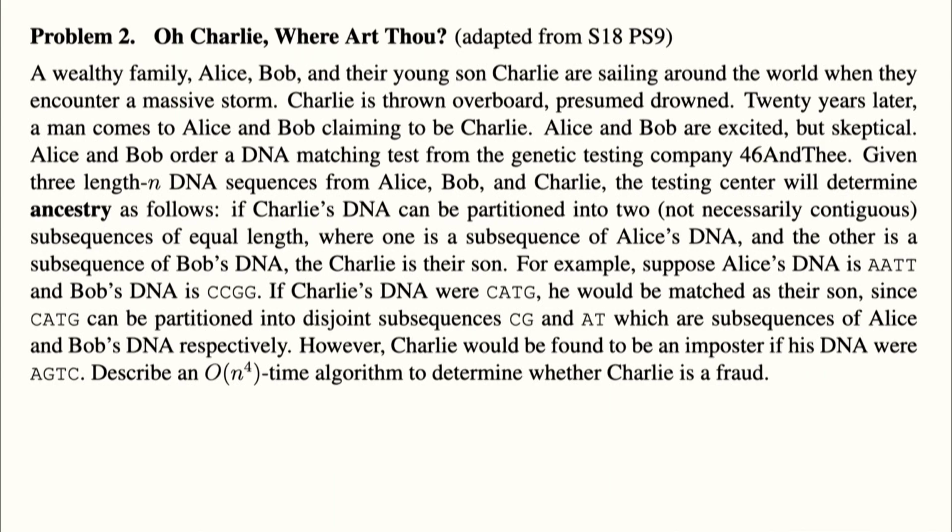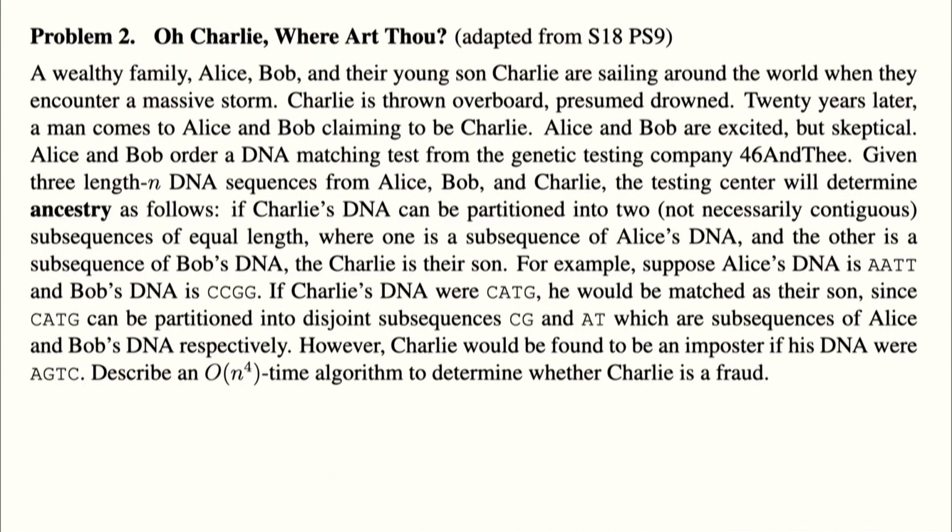If Charlie's DNA can be partitioned into 2, not necessarily contiguous, subsequences of equal length, so if n is length 6, I need to find 3 characters in order, and then the other 3 characters must match subsequences in Alice's and Bob's DNA.